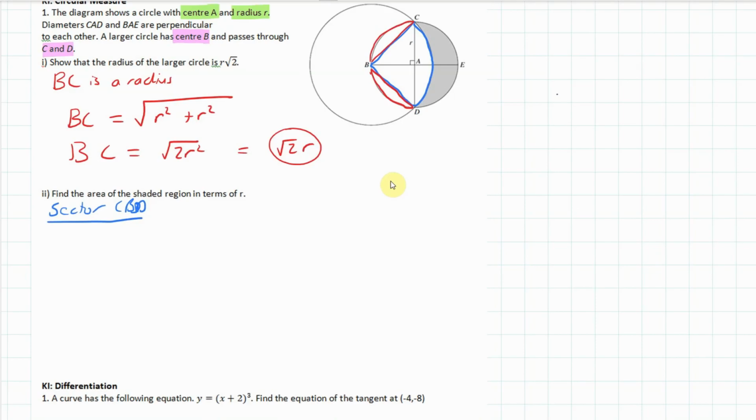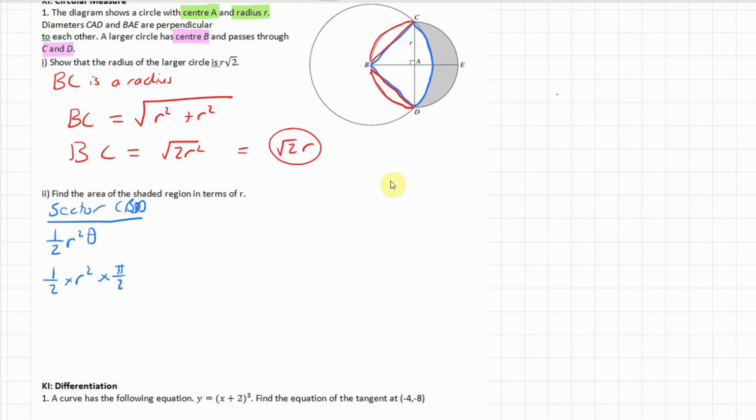Well, the area of a sector, and we're using radians, using our formula is half r squared theta, where theta is the angle. Now you know that CBD is an angle of 90 degrees, or in radians we're going to say half times r squared times pi over 2, which is what 90 degrees is in radians.